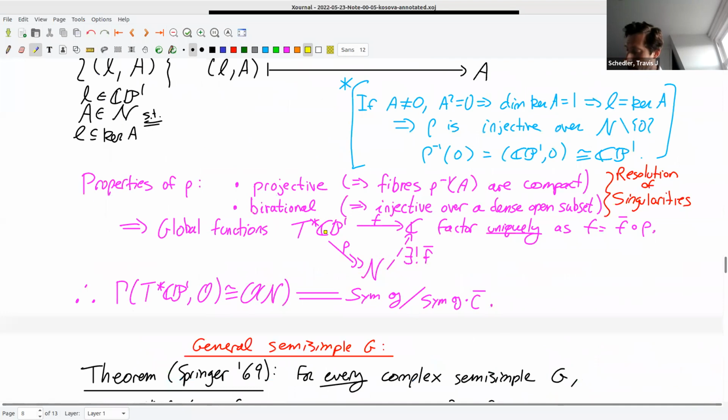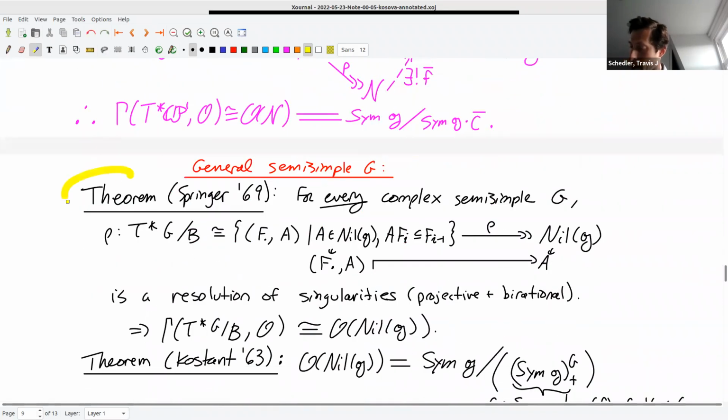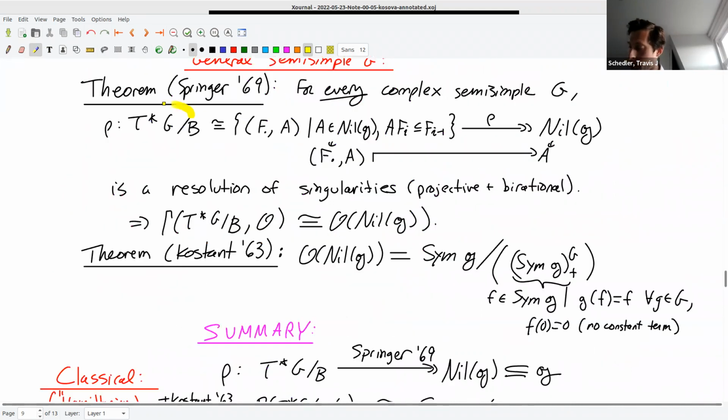So Springer found, well before Beilinson-Bernstein, the classical version of their theorem, which for general semi-simple G says that if you take the cotangent bundle of this flag variety I was talking about, and you project it to the matrix part, which is a nilpotent matrix. Nilpotent means some power is 0, but not necessarily the square.